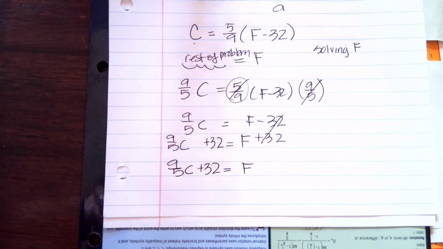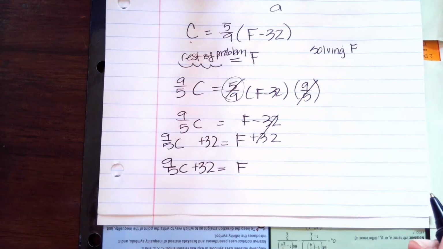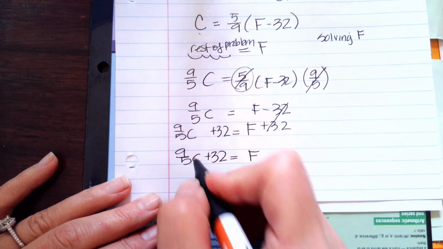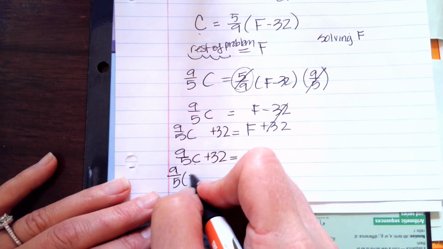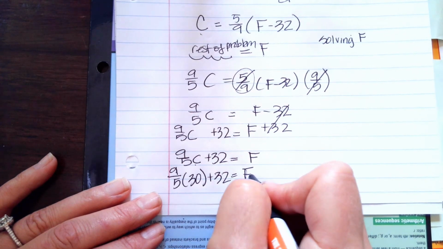So in this one, we're finding the Fahrenheit temperature when the Celsius temperature is 30. So where it says Celsius, we're going to plug in 30. Like that.